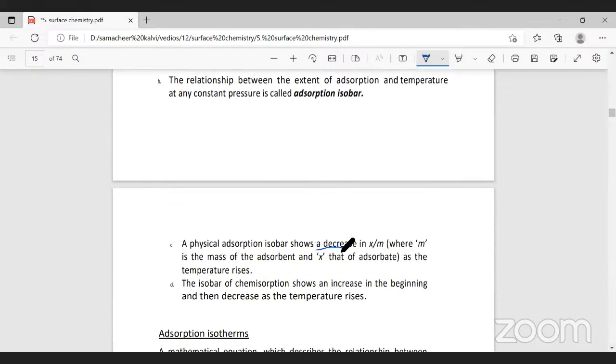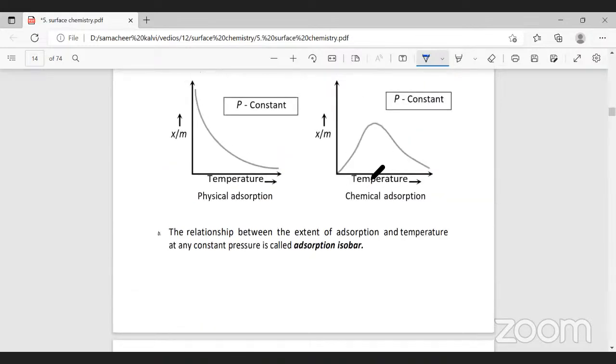The isobar of chemisorption shows an increase in the beginning and then decreases as temperature rises. In the chemical isobar, there's an increase in x/m and then there's a decrease.